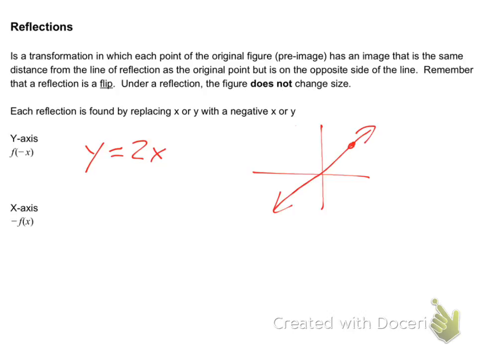If I reflect it about the y-axis, where should that point go? To the other side of what? The y-axis. So I would have to take, I'm going to try to color code this, okay? This distance here, that distance has to be picked up and moved over here, right? So it has to be moved to the other side.